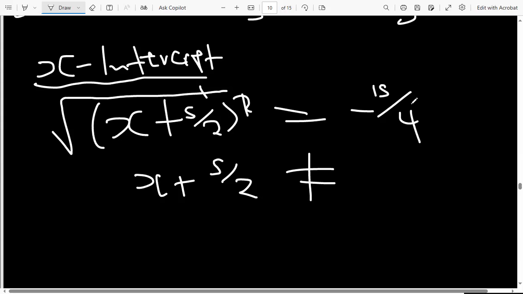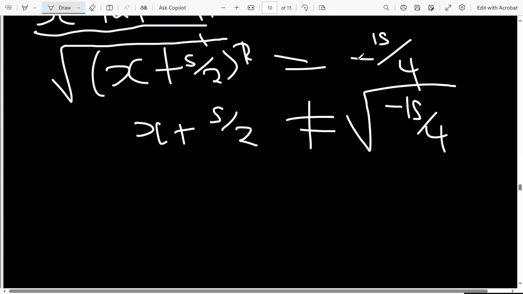So this simply means that this equation does not have real solutions. It has no solutions, meaning it has no x-intercept. So just as the y-intercept touches the y-axis somewhere, and there's a turning point somewhere, it doesn't touch the x-axis.